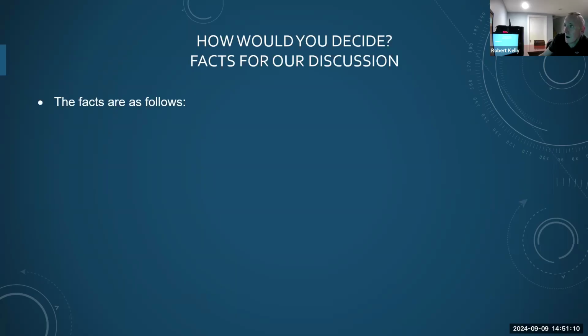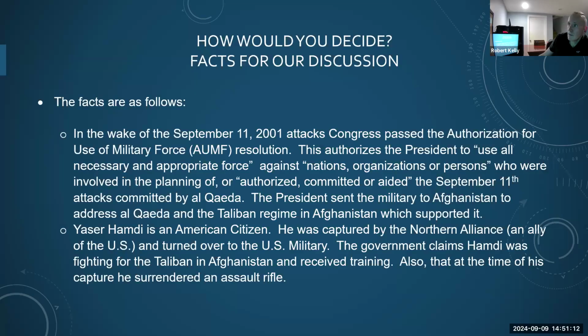So the facts are as follows that I want you to engage. It's in the wake of the September 11th, 2001 attacks, and Congress has passed an authorization for the use of military force, which I'll call the AUMF resolution.